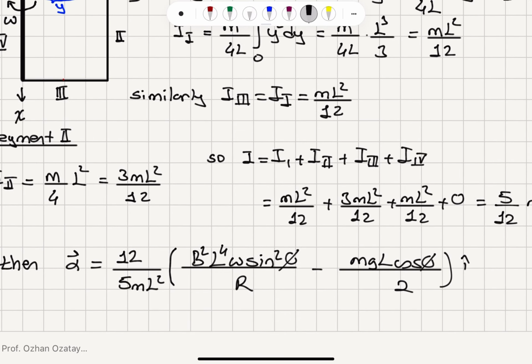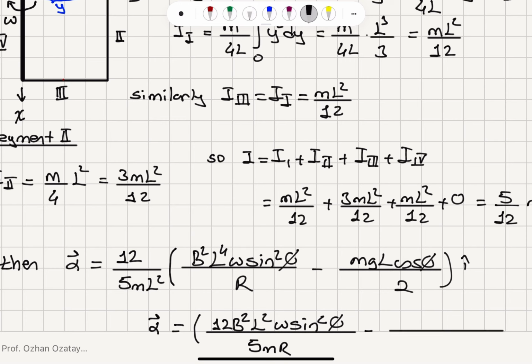So if I simplify this a little bit, I find the angular acceleration: B squared L squared, because this is L to fourth, this is L squared, omega sine squared phi divided by 5mR, minus 12 divided by 2 gives me 6.